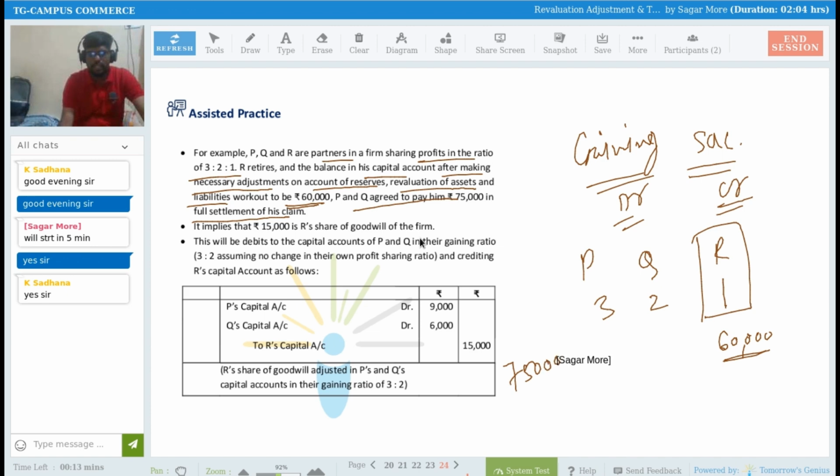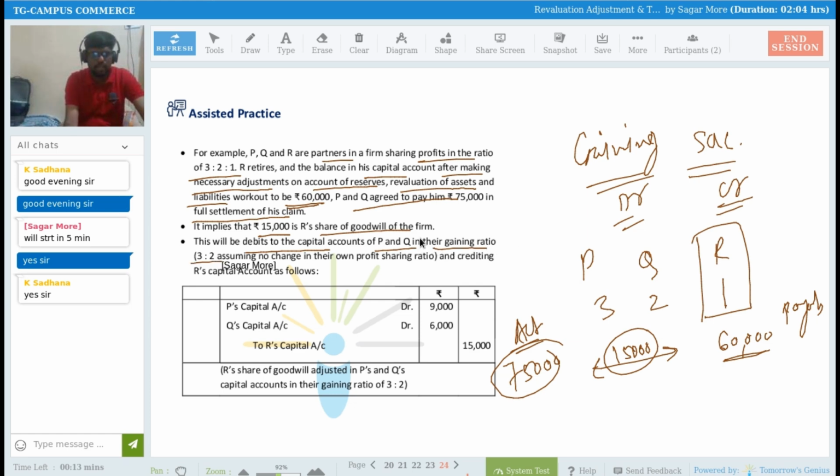But we are going to pay him how much? 75,000. So actual payment is 75,000, payable is 60,000. The difference here is 15,000 rupees, and we are paying more to him because of his goodwill. It implies that 15,000 is R's share of goodwill in the firm. This will be debited to the capital accounts of P and Q in their gaining ratio.